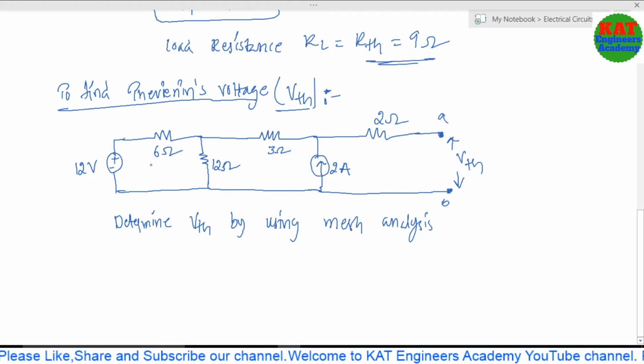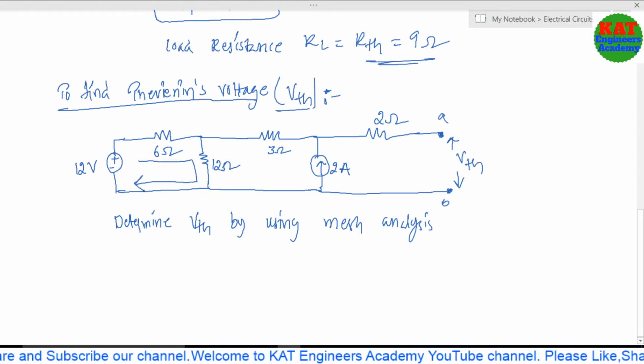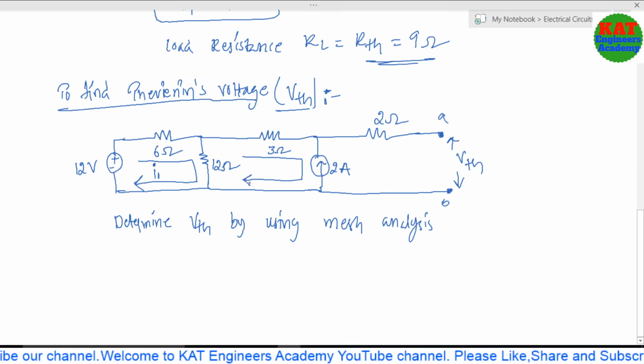So how many loops do we have? 2 loops. Then assign the loop currents. So here I am assigning the loop currents. This I consider as one loop, and this current I consider as small I1. Next, this one I consider as the second loop, this is I2. This is not a loop, so there is no need to assume the current direction. So finally we have the 2 loops, with small I1 and small I2.